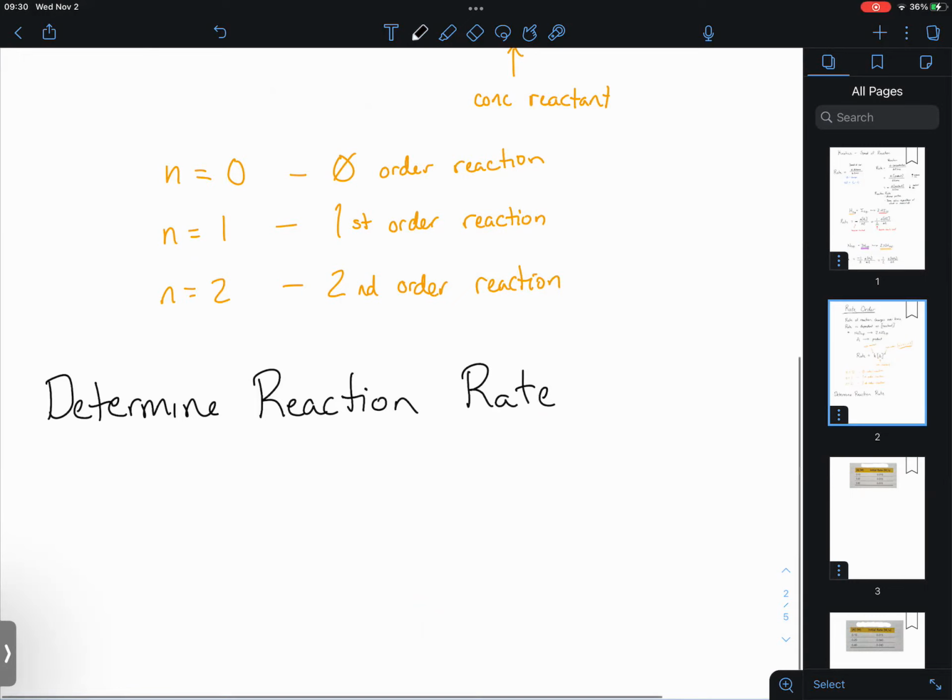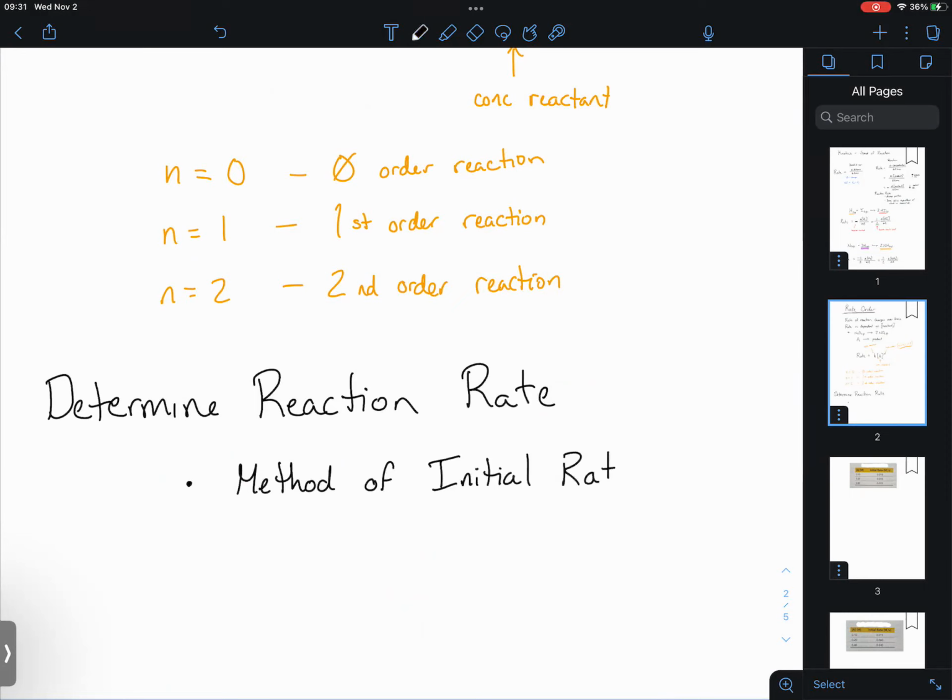The first way is called the method of initial rates. And the second is a graphical analysis method. The graphical analysis is actually a little bit easier to do as long as you have all the data.